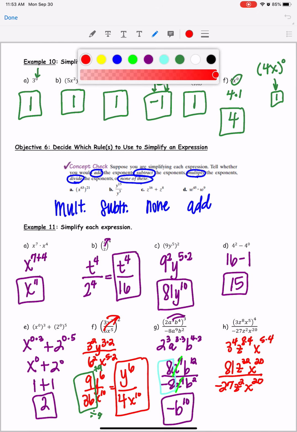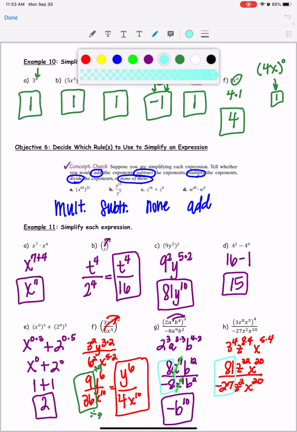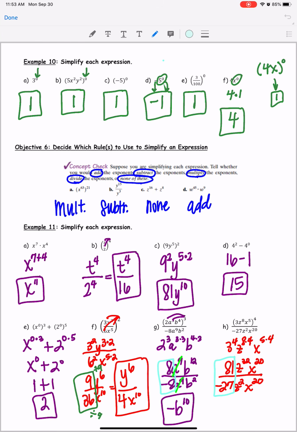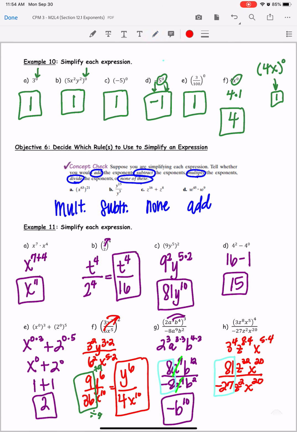So, same thing. 81 divided by -27, I think is -3. Yes. Okay, -3. Then z to the 32 and z to the 2nd, subtract those.